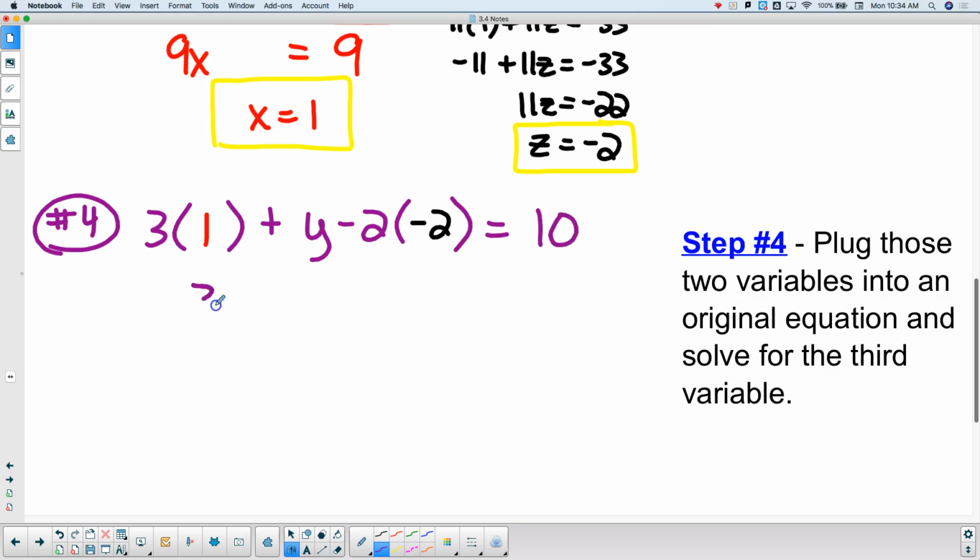So 3 times 1 is 3, plus y, negative 2 times negative 2 is 4, that's going to be 10. Y plus 7 is 10. So what's y? 3?